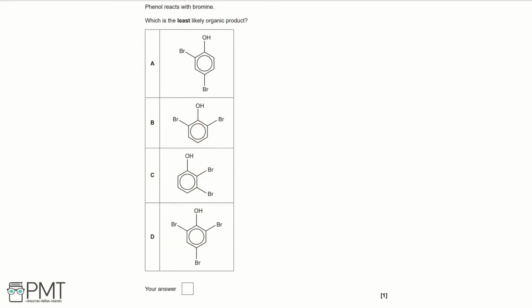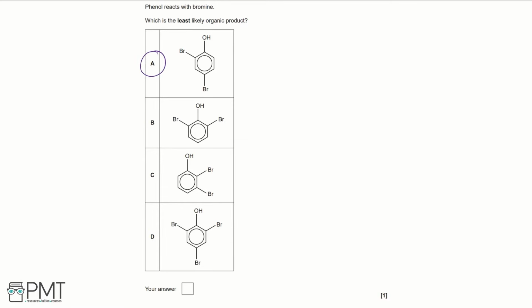Phenol reacts with bromine. Which is the least likely organic product? So with this question, we're presented with 4 different organic products. Bromine, when reacting with phenol, has a 2,4,6 directing effect. So if we look at our options, A, we have a 2 and a 4, so A is a possible answer.